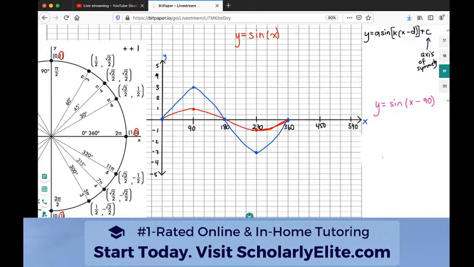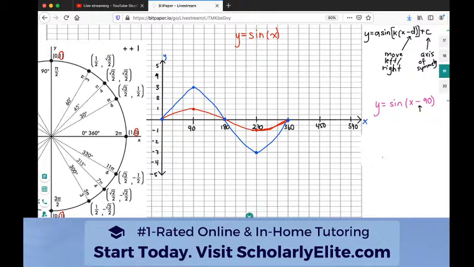As we recall, the D term tells us the movement left or right. Now I'm going to show you guys something that's very important to remember. If the D term has a negative in front of it, then you move in the positive direction.